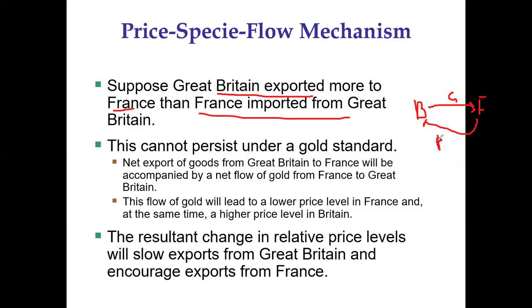When France has to make the payments, ultimately it has to issue the currency. When it has to issue the currency for payment to Britain, it requires something called gold.